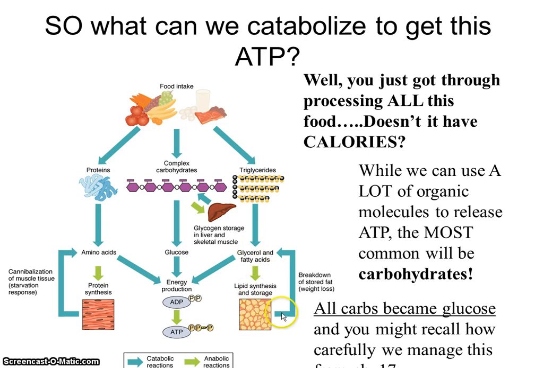And this would, of course, happen during our feast state. You can break down those fat stores and convert them back and then use them for energy production if you need to. This again shows you that amino acids can be used for energy. Glycerol and fatty acids can be used for energy. So it's a really nice, simple cartoon that gives you the big picture.